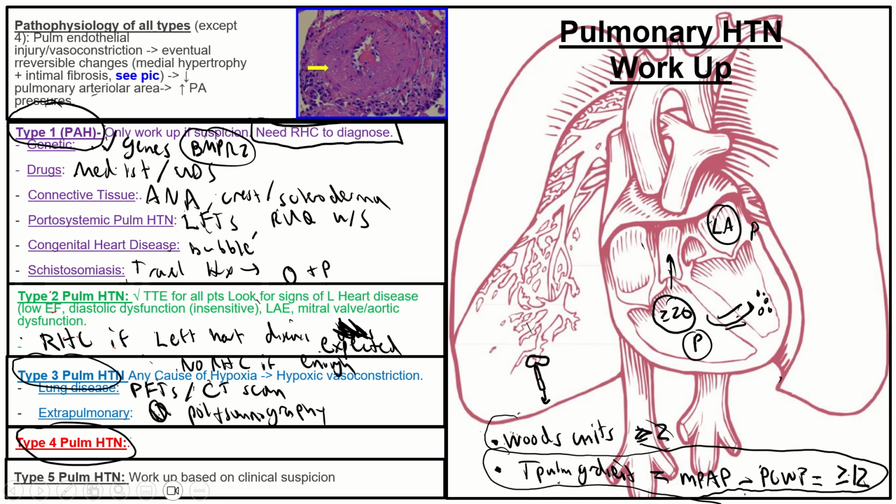So they'll have a Wood unit greater than 2, and they'll have that transpulmonary gradient, which is your mean pulmonary artery pressure minus your left atrial pressure, greater than 12, meaning that the pulmonary hypertension that you're finding is not just due to left-sided heart disease. All right, so it's going to be helpful.